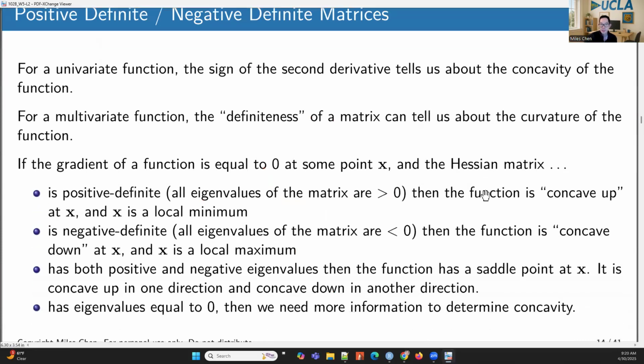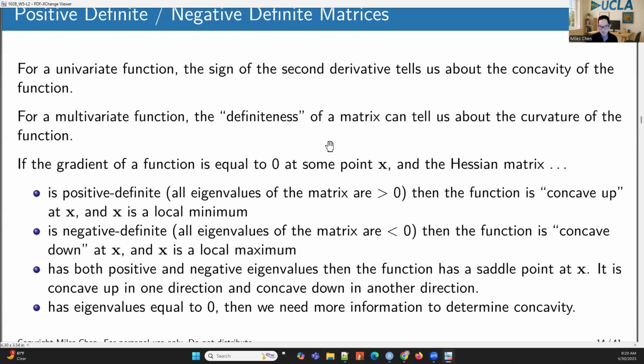Okay, and so if we think back to the univariate function, the sign of the second derivative tells us about the concavity of a function, whether it was concave up or concave down. And if we have a multivariate function, we have a similar idea here, and we can learn about the curvature. And this depends on the definiteness of the matrix.